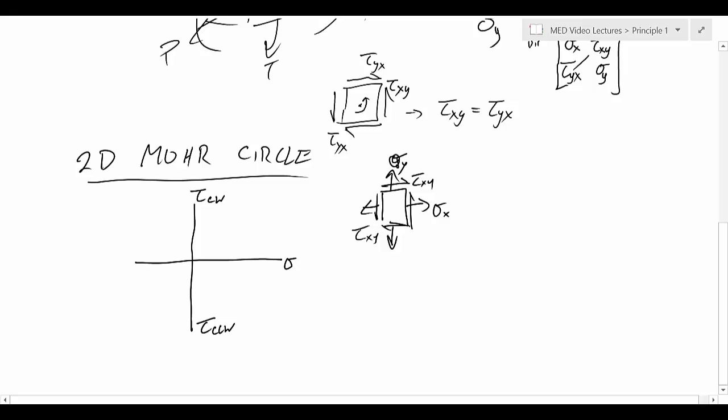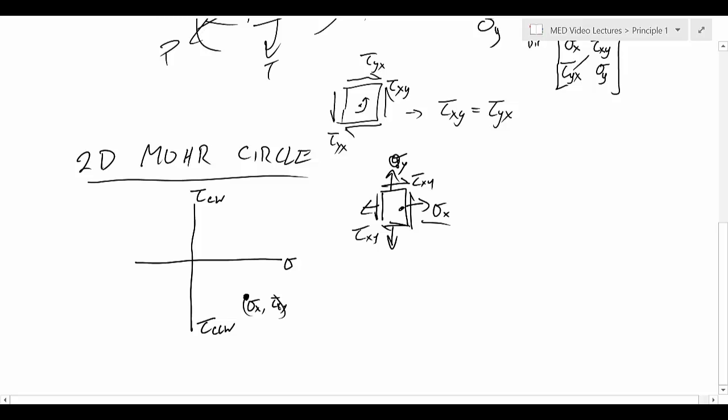So we can put that on there and say, all right, this is a point which represents this side, which is the normal stress in the x direction, with a tau xy that tends to make it want to spin in a counterclockwise direction. So this represents a point down here where that stress is. So this is sigma x and tau xy.